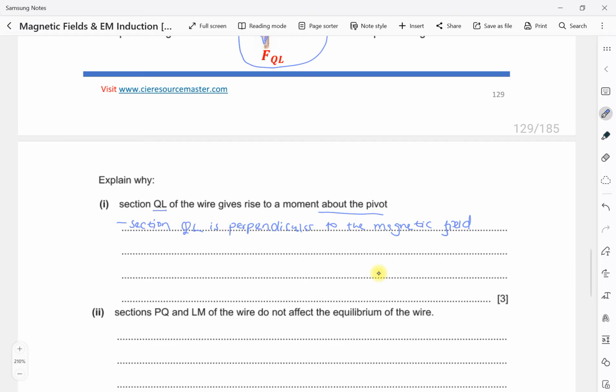So a current in wire QL gives rise to a vertical force. That is by Fleming's left-hand rule.